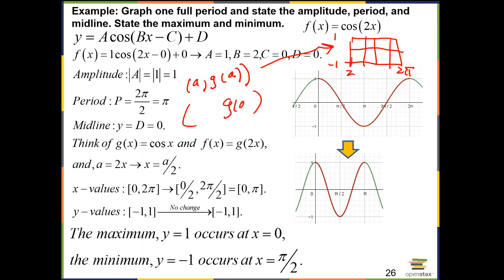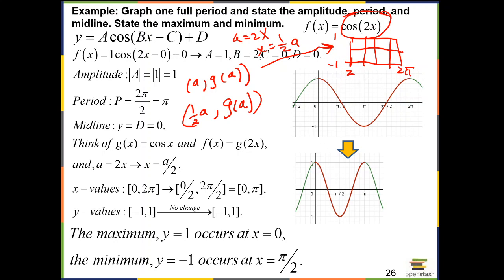Y remains the same because nothing happens to this whole thing, right? It's just by itself. And then the x coordinate, we let a be 2x, so the new x is 1/2 a. That's the transformation. So x values are going to get divided by 2, and the y values remain the same.